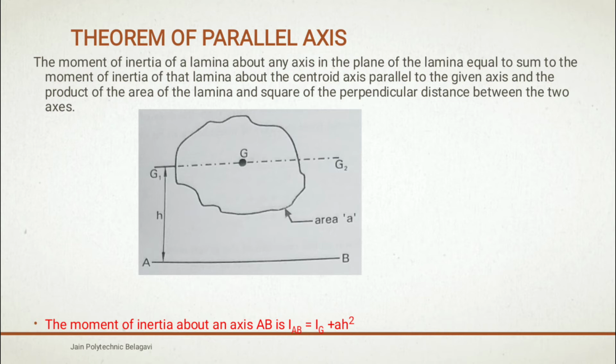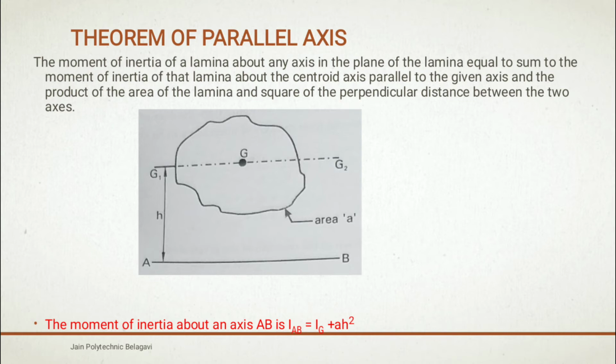So that distance h should be squared, and the area of the lamina should be multiplied. This product, area of the lamina and h square, should be summed up with the moment of inertia of the lamina about the centroidal axis.